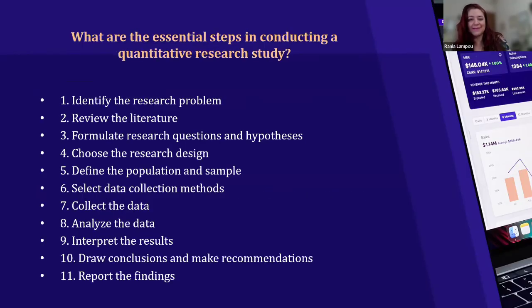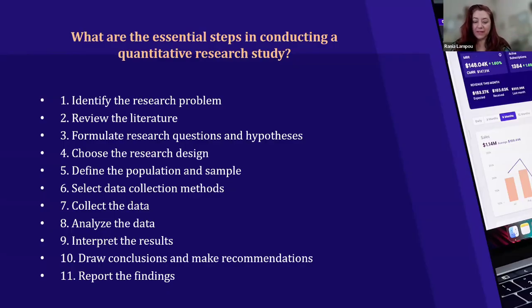So what are the essential steps in conducting a quantitative research study? We need to first clearly define the issue or phenomenon that we want to investigate. Ensure that it is specific, measurable, and researchable through quantitative methods. Then we have to review the literature, conducting a thorough review of existing studies related to our topic.